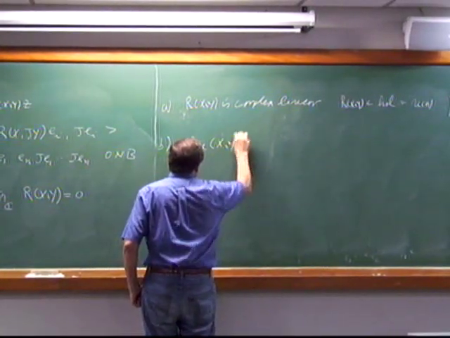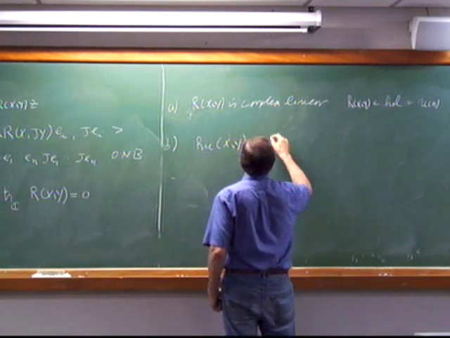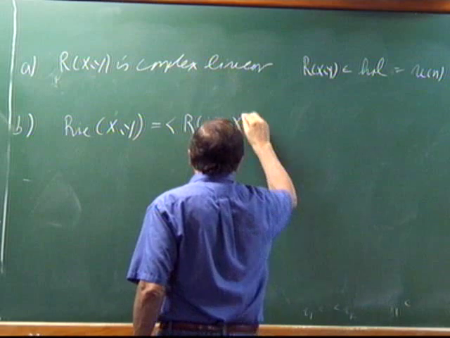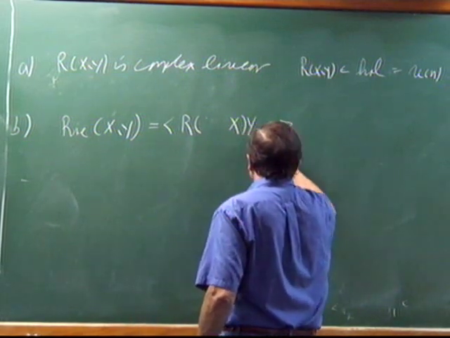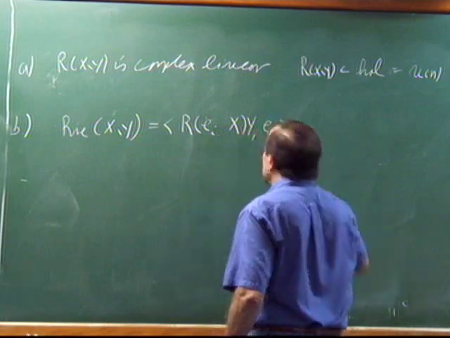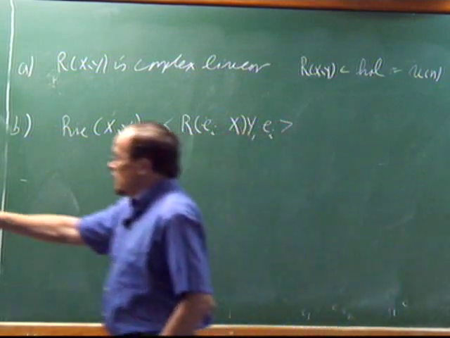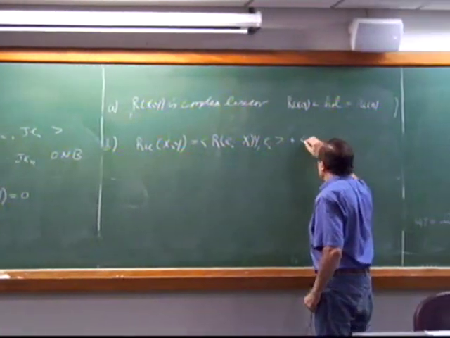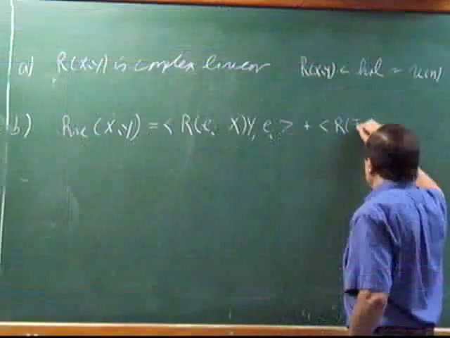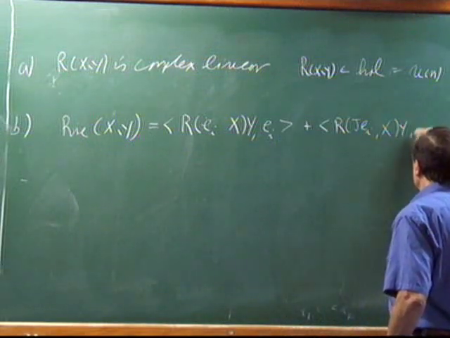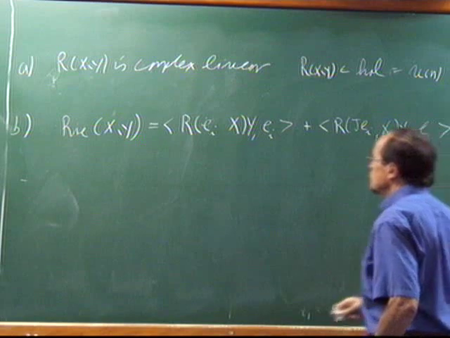So what's Ricci(X,Y)? A sum over an orthonormal basis. My convention is I put it in the middle. First, I take e_i. But remember, we have this orthonormal basis given by J of those also, so I have to add to that R(Je_i, X, Y, Je_i).